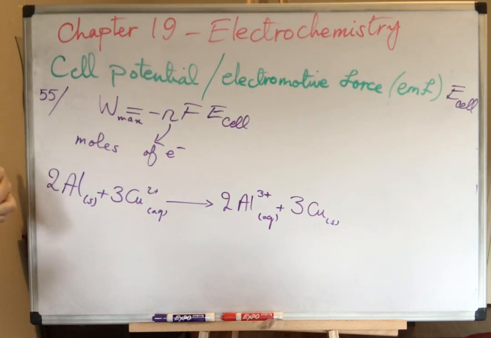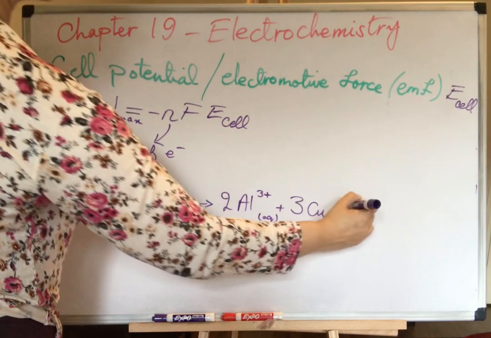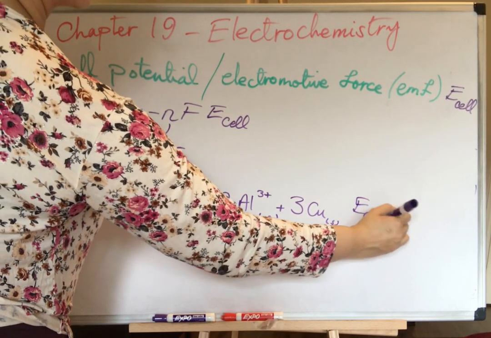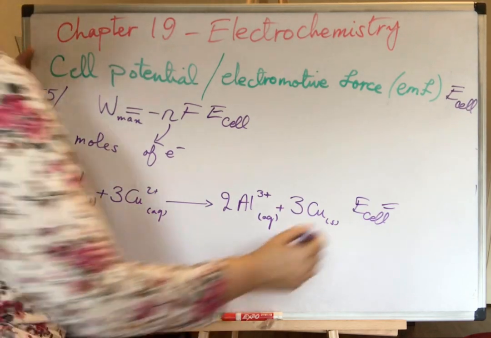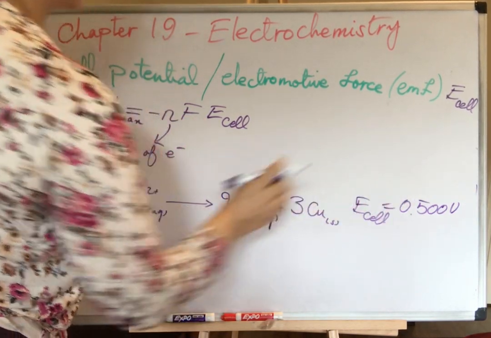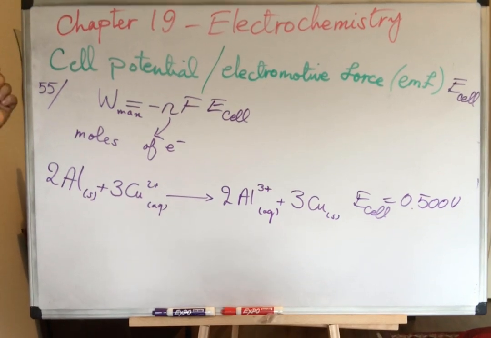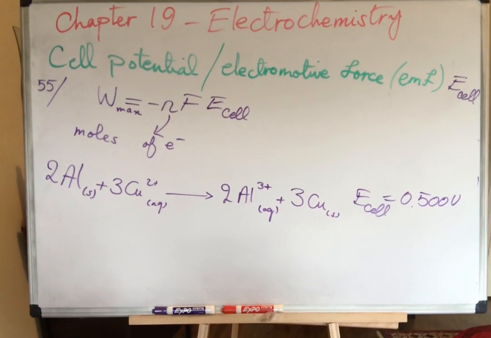The EMF of a particular cell, E of the cell, is how much given? 0.500 volts. So this is given. Calculate the maximum electrical work of the cell obtained from 1 gram of aluminum. So first let's find out the number of electrons.